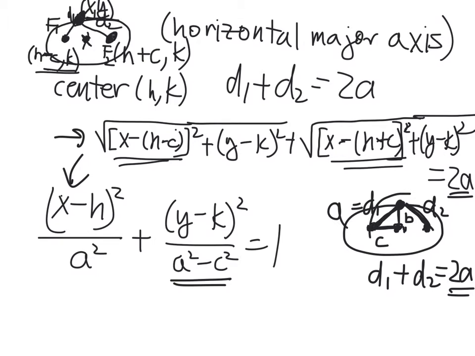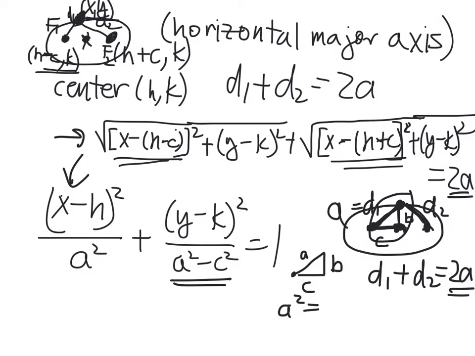So now we can just look at this triangle. We've just shown the hypotenuse is going to be a. By definition, from the center to the focus is c. And we're going to call the vertical part b.